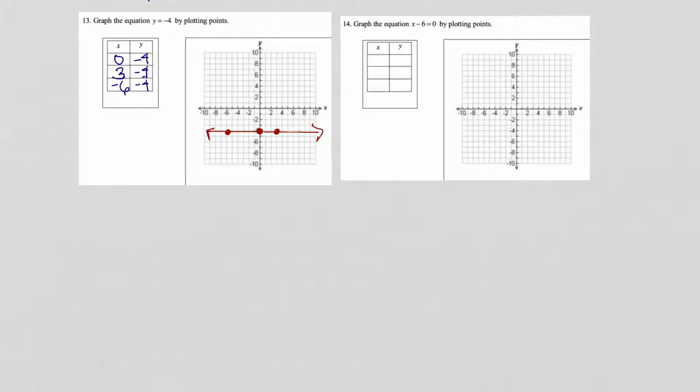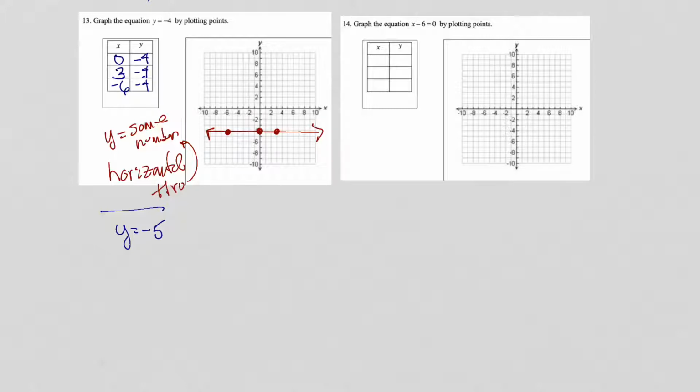So now you know that when you have something like y equals some number, what you get is a horizontal line running through that number. Just to push that point a little more, what if we had the equation y equals negative 5?